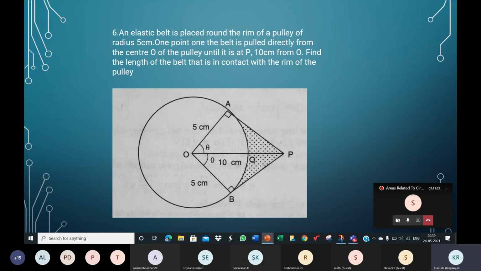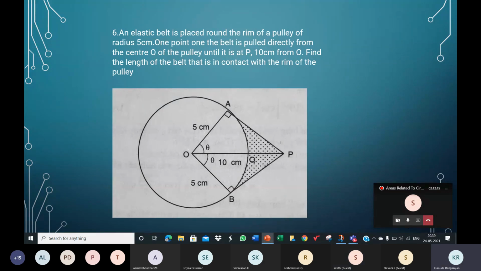You would have learned it better in science. So pulley, circular. There is that depression on which the rope runs through the pulley, right?